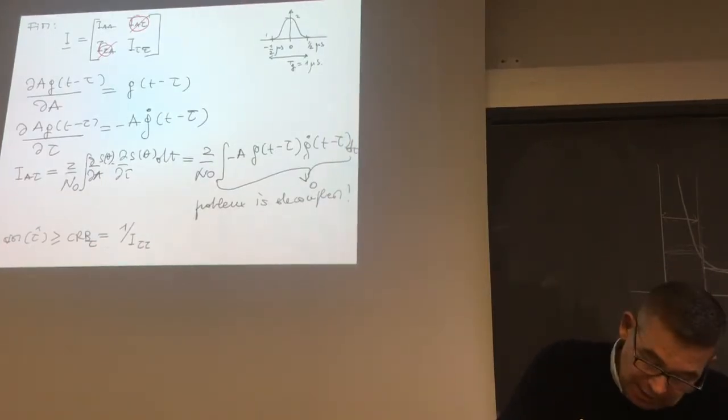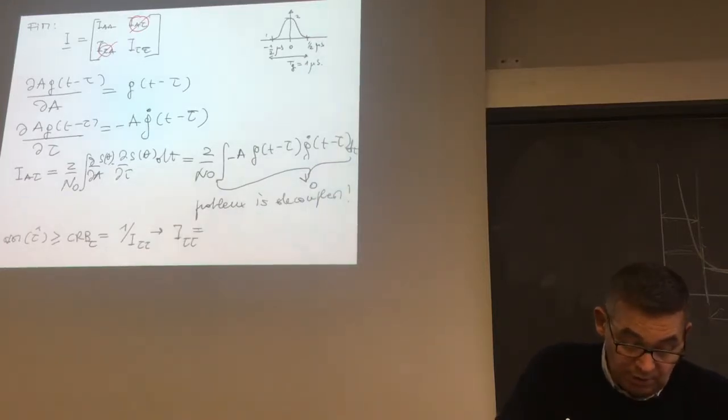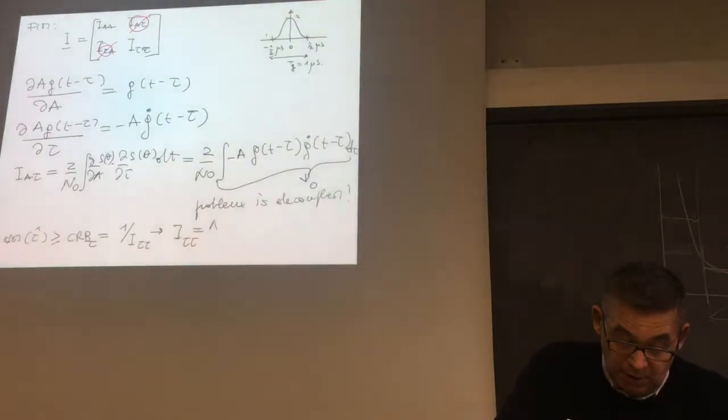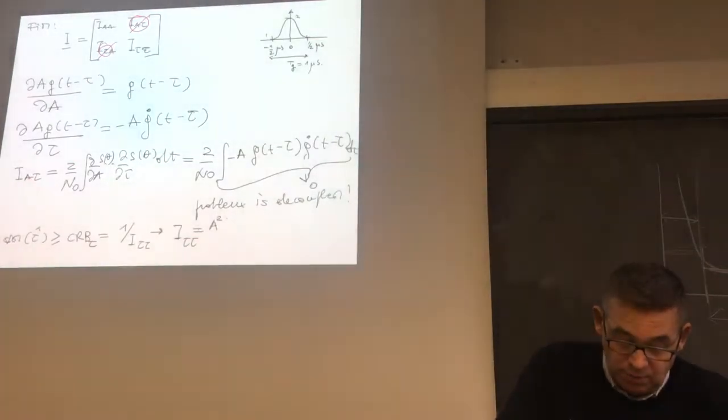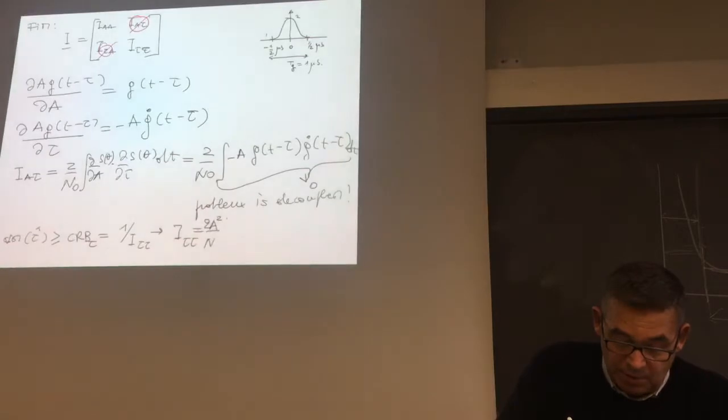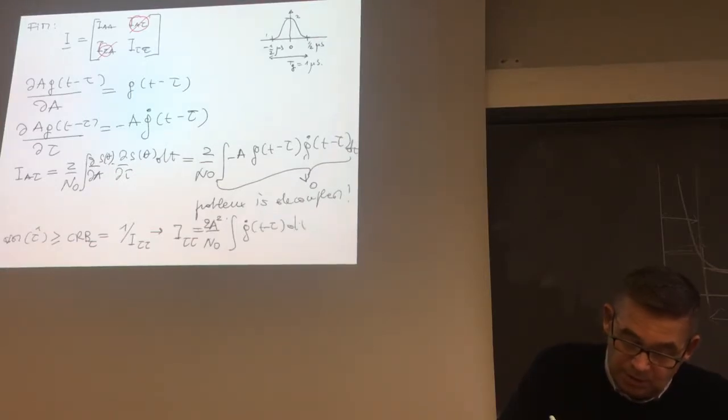This term, the Fisher information matrix on the delay, is equal to 2 times a squared divided by N0, and then the integral of g prime of t minus tau dt squared.